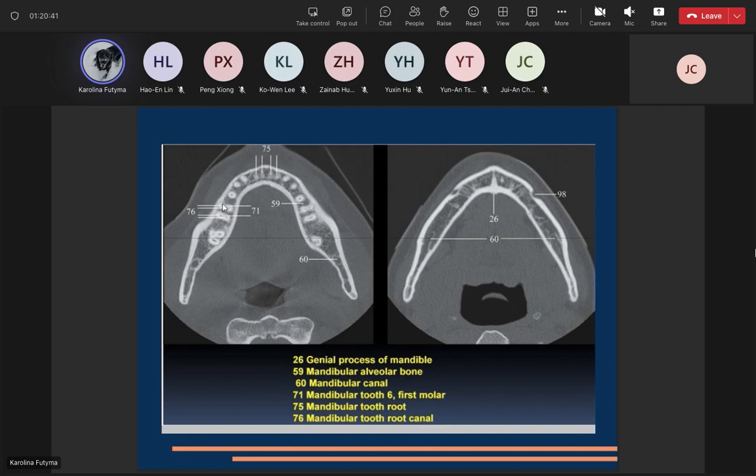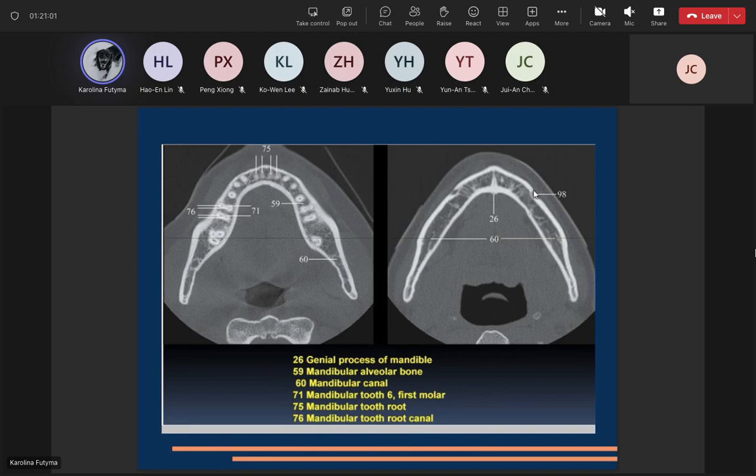This is a really important clue for you to differentiate those teeth. What else more? Here we have the part of the mandibular canal, which will be more visible in sagittal views.